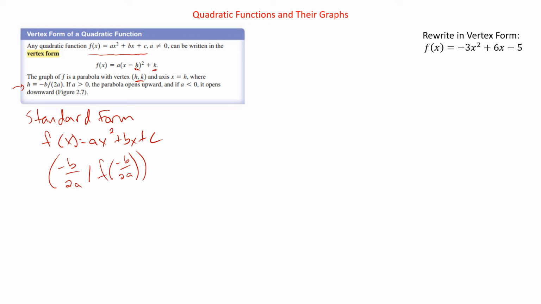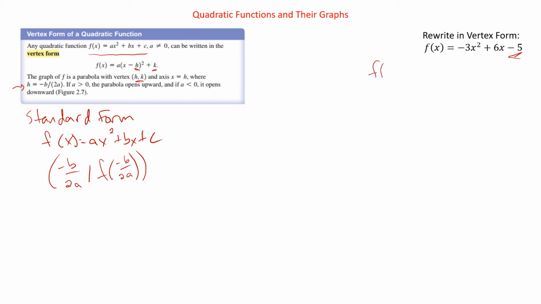Going the other way, we're going to do something called completing the square. So for this, the very first thing we need to do is move this constant over to the other side for a few moments.